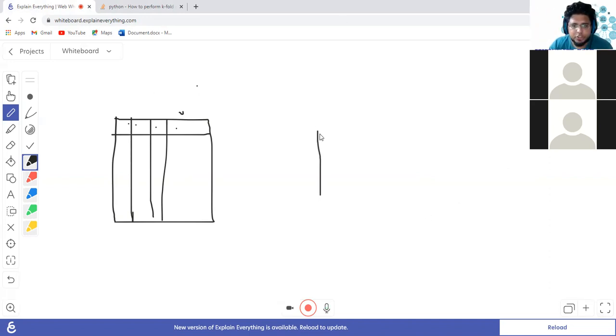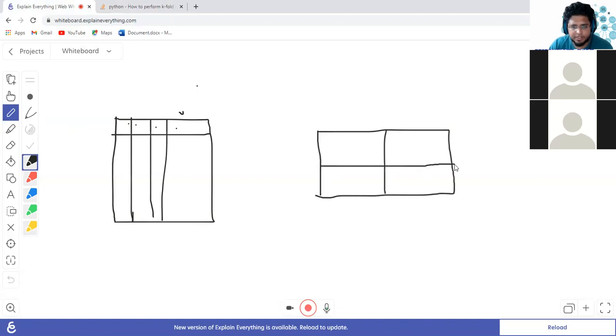Okay, so let's make a box like this, and let's divide it like this. Here is true, false, and here is true, false.